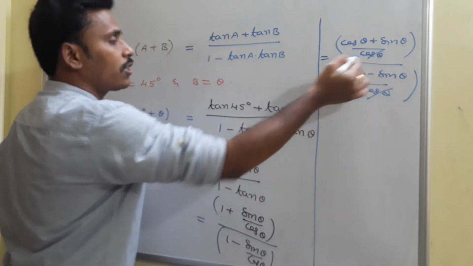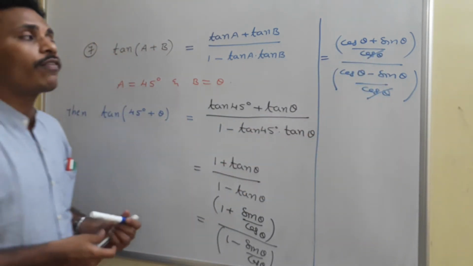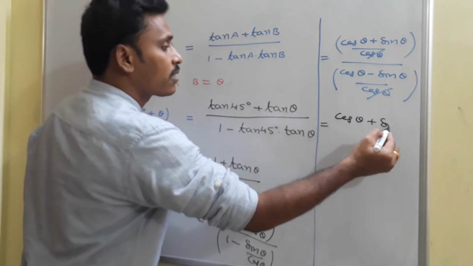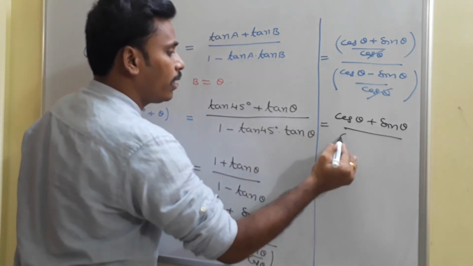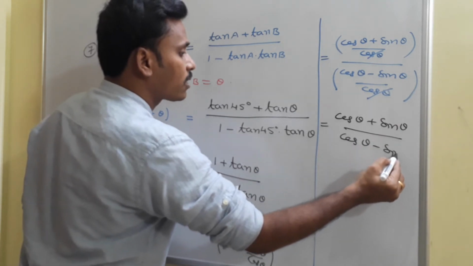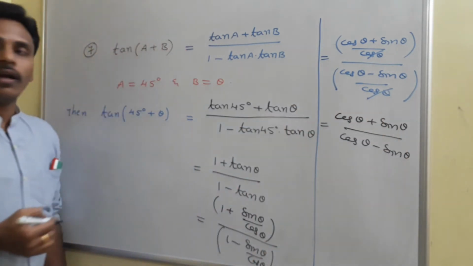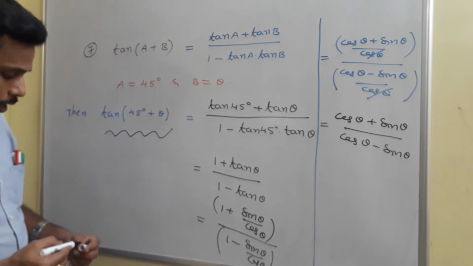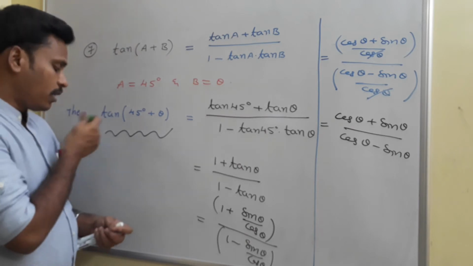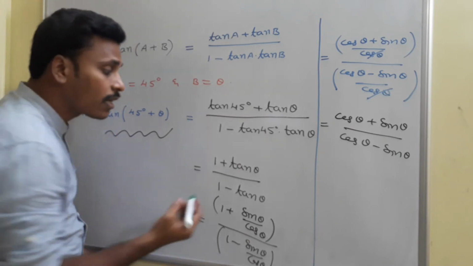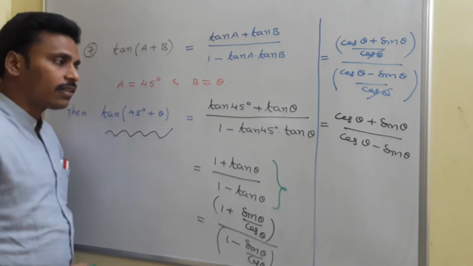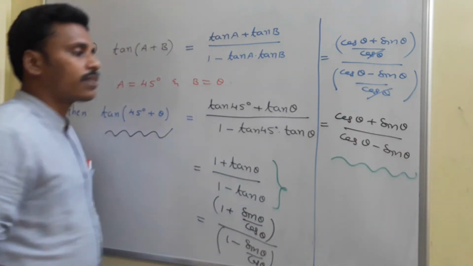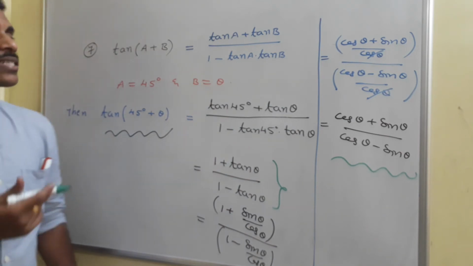These two cos thetas will get cancelled and you are left with cos theta plus sin theta divided by cos theta minus sin theta. Just have a look overall: tan of 45 degrees plus theta is 1 plus tan theta by 1 minus tan theta, and on further simplification it leads to cos theta plus sin theta by cos theta minus sin theta.